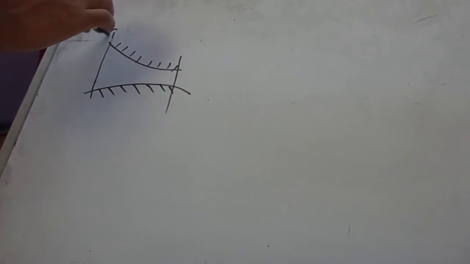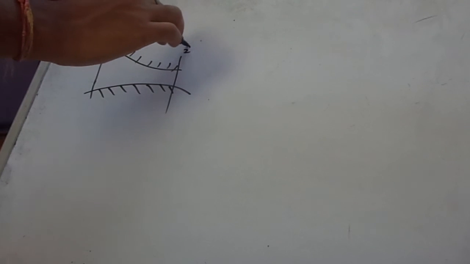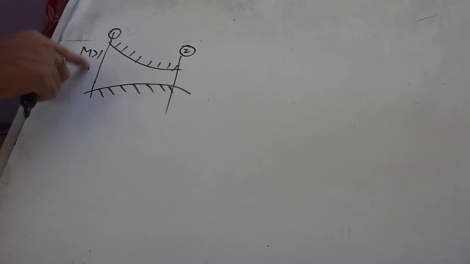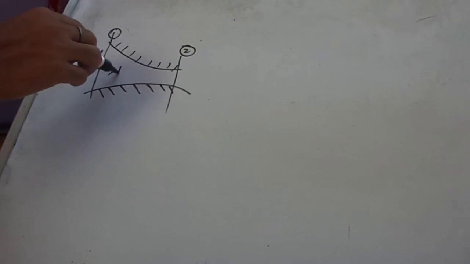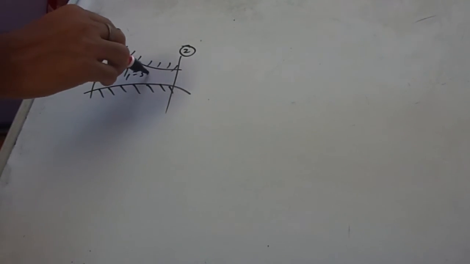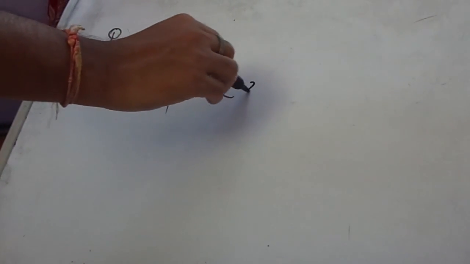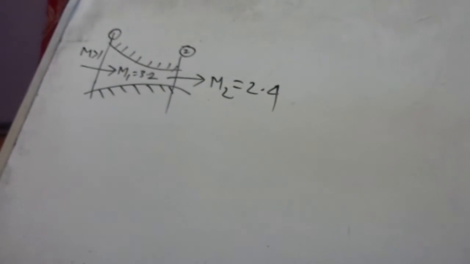This is section 1, this is section 2. M is greater than 1, M1 is 3.2 and M2 is 2.4. And this one is the supersonic diffuser.